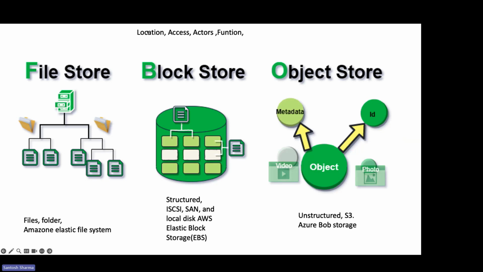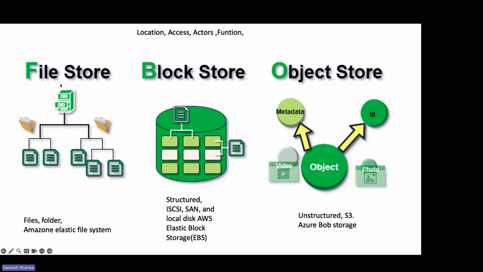So we discuss the location, we discuss access, we discuss actors, we discuss function, all these things we discuss. Now we need to discuss, okay, where I can store the data, because there are different locations. So here we will only talk about the cloud location, and in cloud, okay, the storage, what are the different kinds of storage we have?